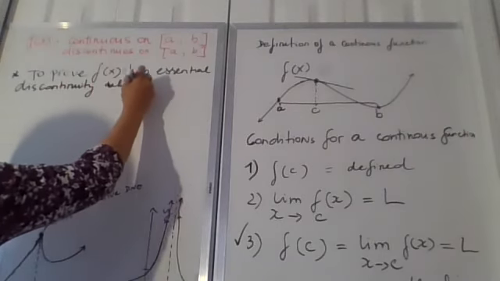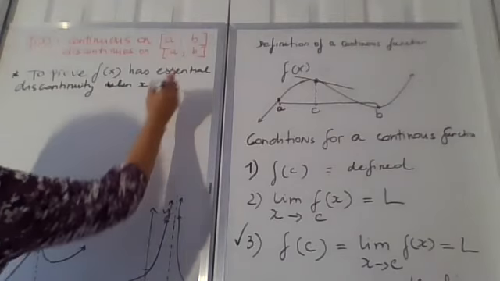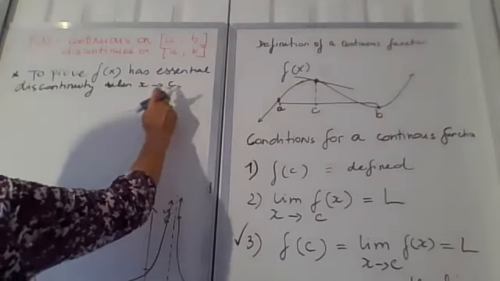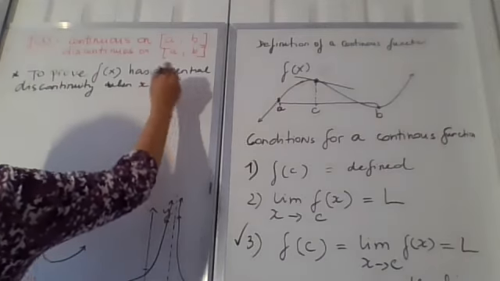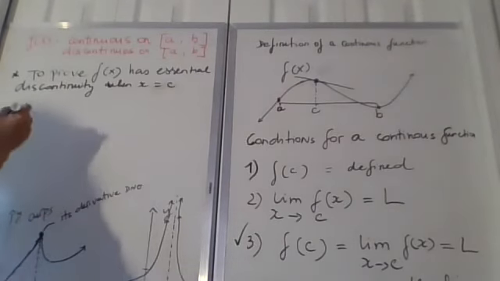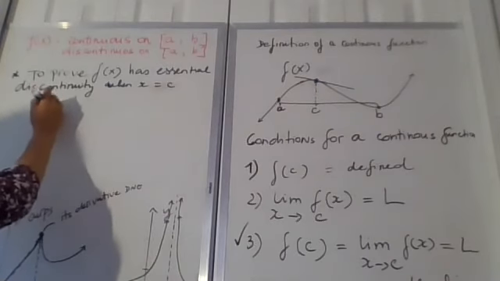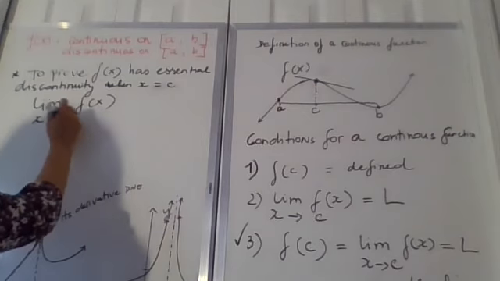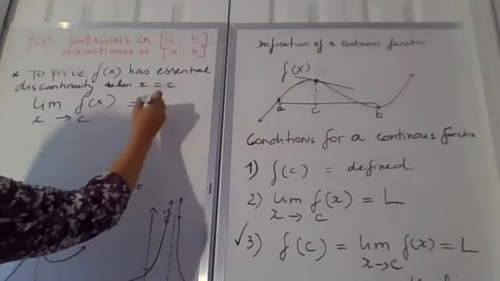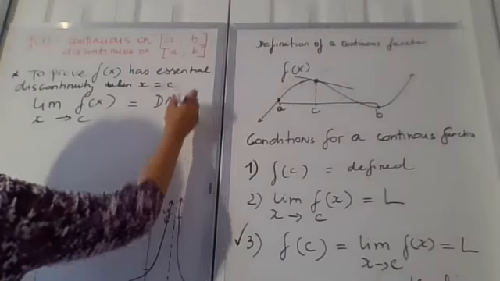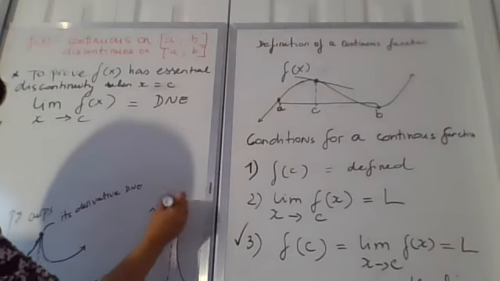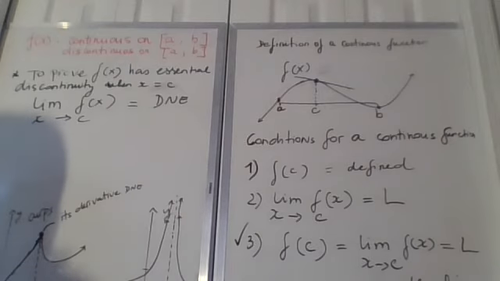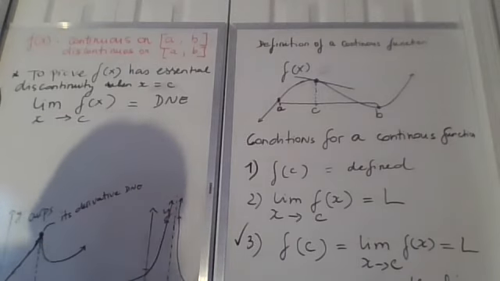When x approaches c, or at x equals c, you have to find the limit of the function f of x as x approaches c, and prove that it does not exist. It means the function is not differentiable at x equals c.